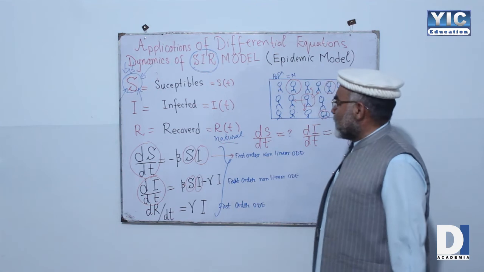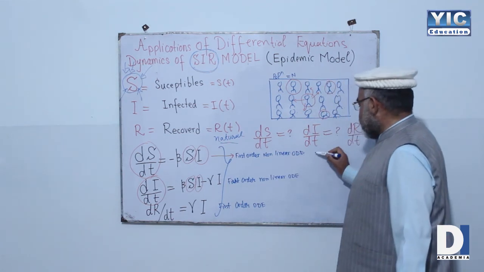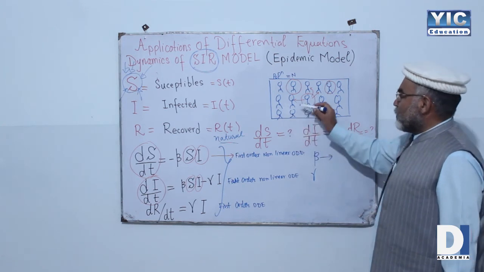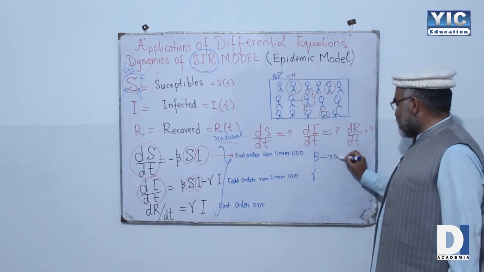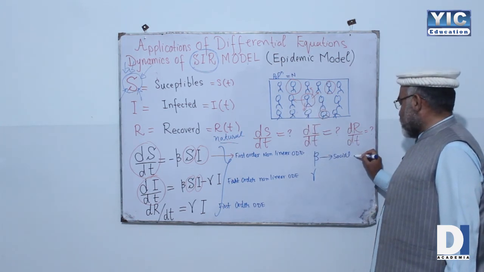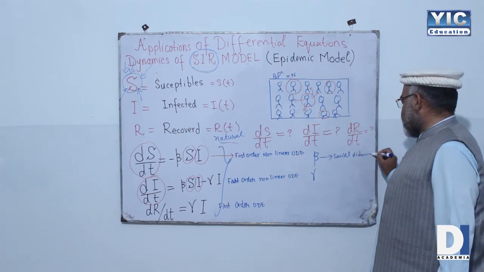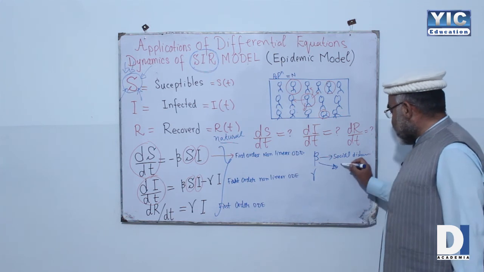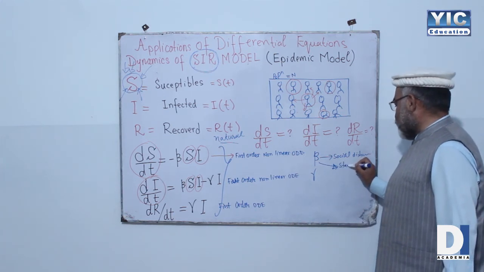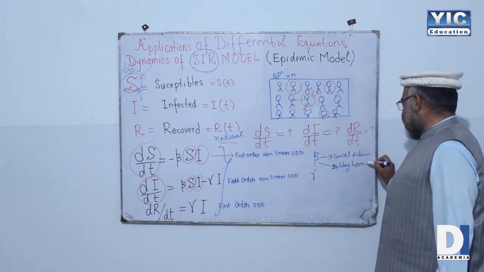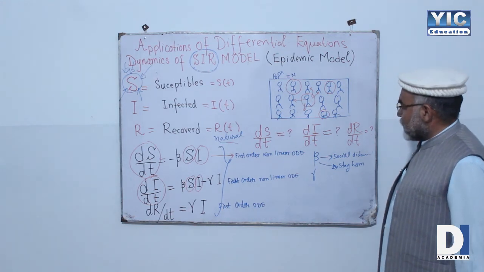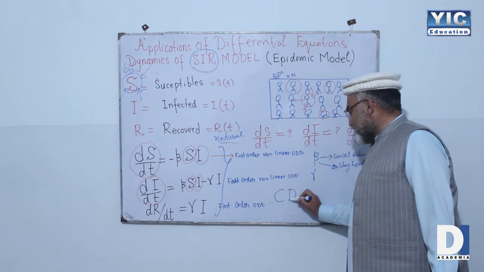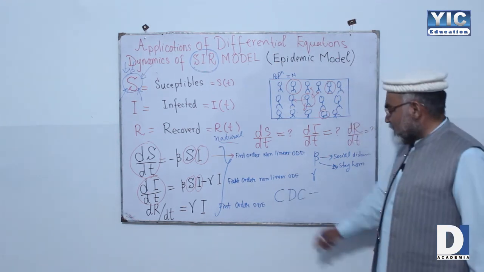These beta and gamma are constants which depend on social distancing. Beta is a function of staying home. The CDC is also working on this model.